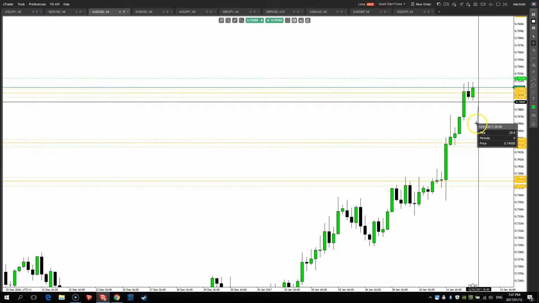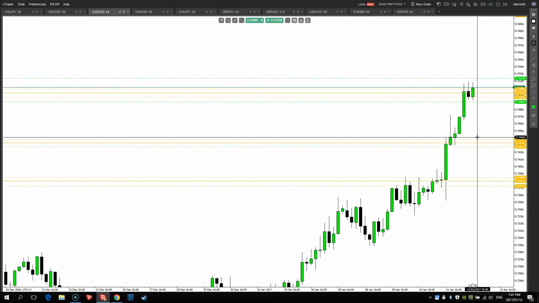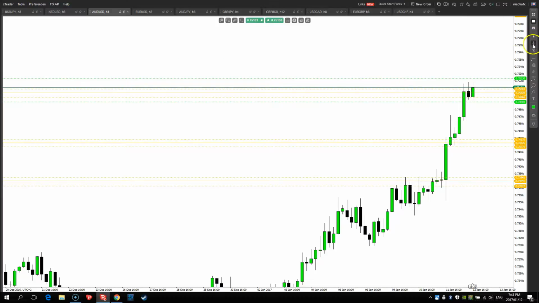So from our entry, 50 pips downwards. 50 pips, bam shazam, 0.7440. That is my target. I'm just writing these down because I'm going to actually enter this trade on my live account as well. And that's how simple it actually is.